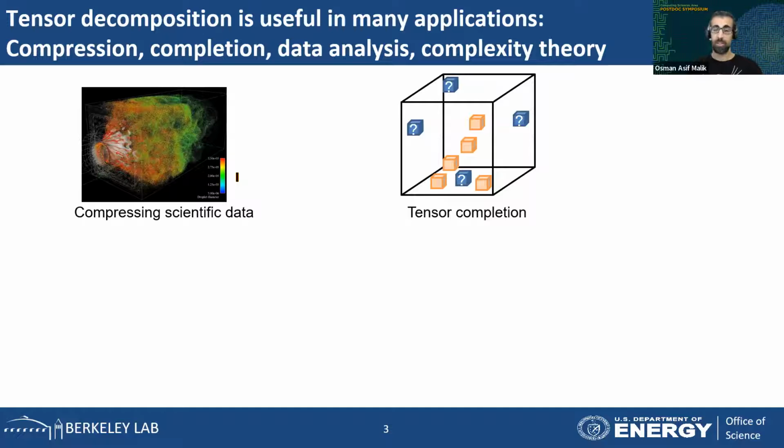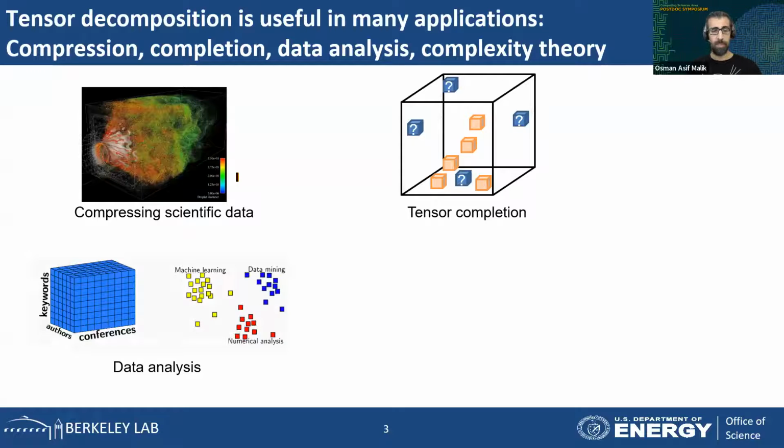Another application is tensor completion, and this is a case where you observe some of the entries in a tensor, and then you try to recreate what the remaining entries should be. So a lot like matrix completion, but on tensors. A third application, which is sort of a broad category, is data analysis. And the idea here is that you have some data arranged into a tensor, and you apply tensor decomposition to find latent structure in the data that you then use in a downstream analysis task, like perhaps you want to do classification of data.